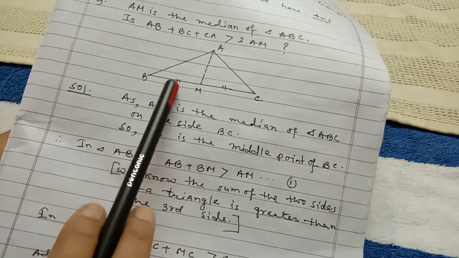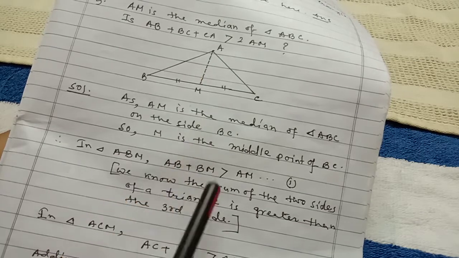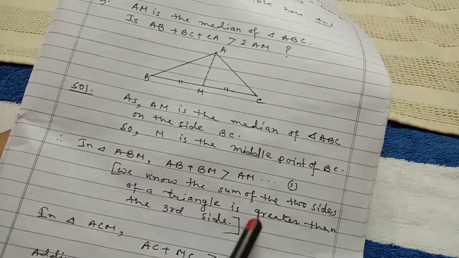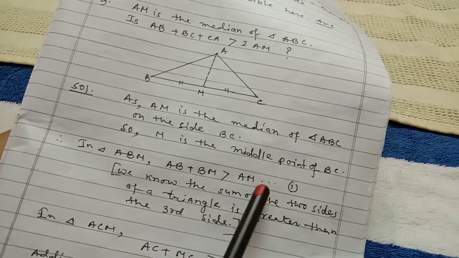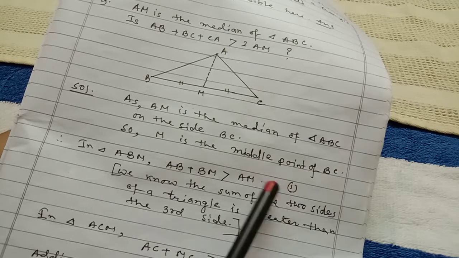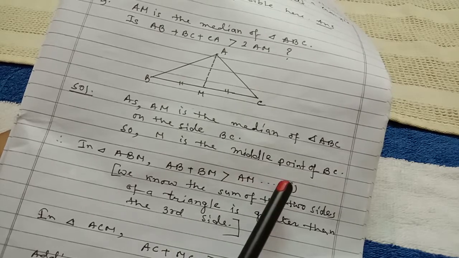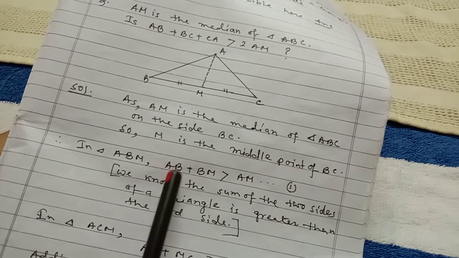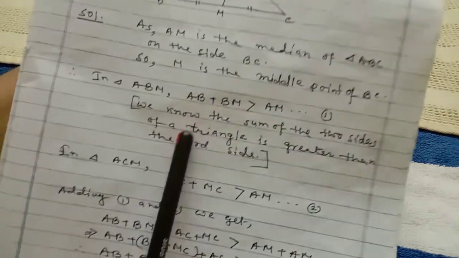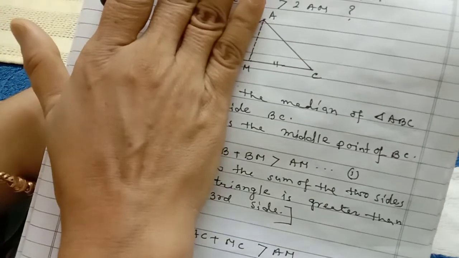Reason: we know that the sum of the two sides of a triangle is greater than the third side. I am giving this as equation number 1. AB plus BM is greater than AM. Understood?